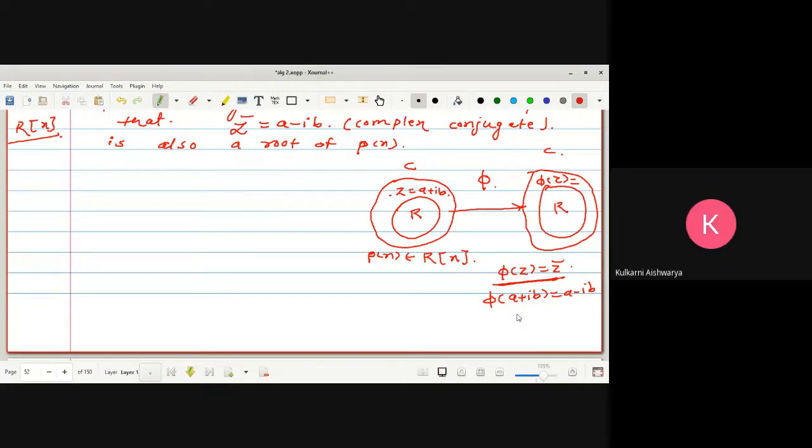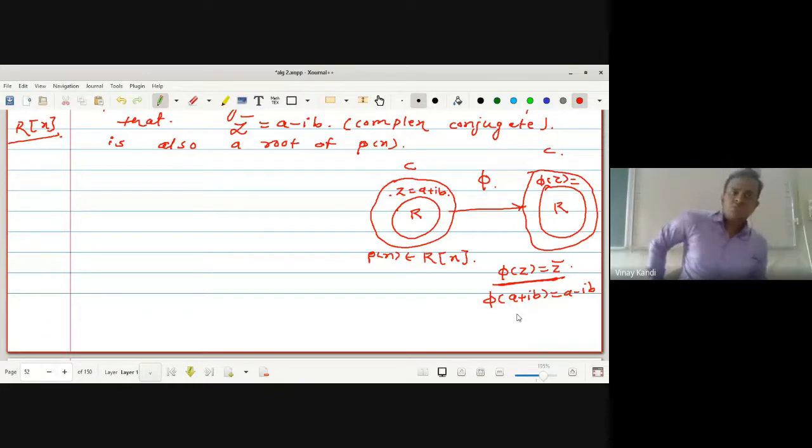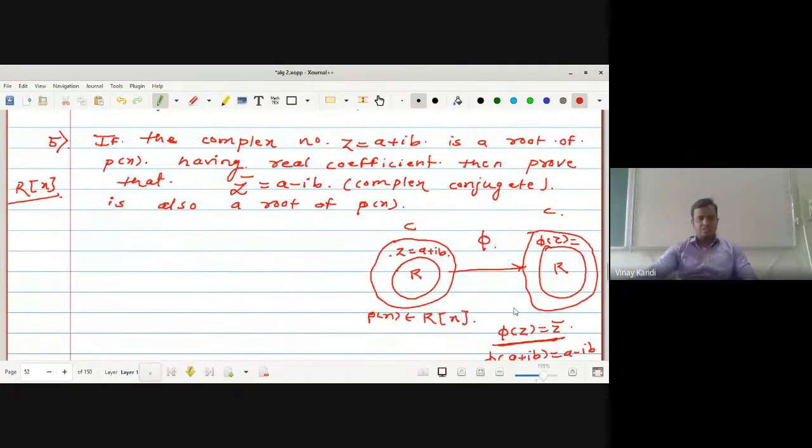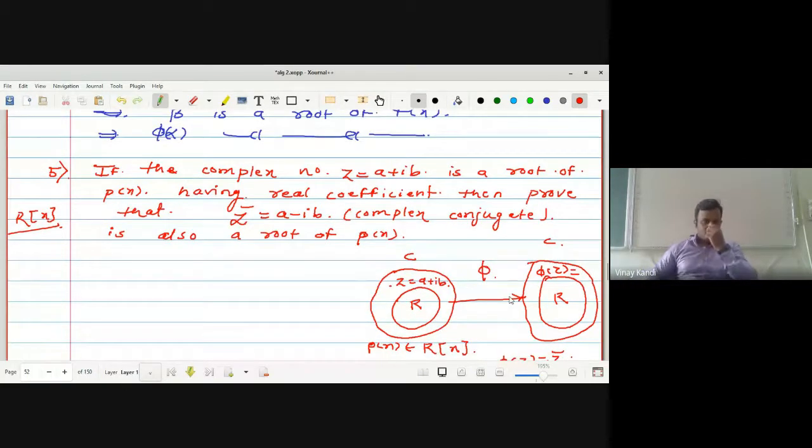No, sir. ओके, म्हणून हे कॉम्प्लेक्स जे रूट असतात ते पेअर्स मध्ये असतात. सिंगल रूट कधीही येत नाही कॉम्प्लेक्स. If the complex number z is equal to a plus ib is the root of p of x having the real coefficient, then prove that z bar a plus ib is also the root of p of x.